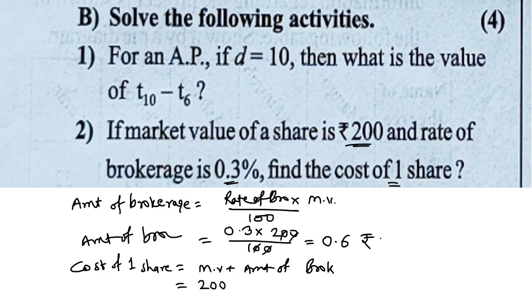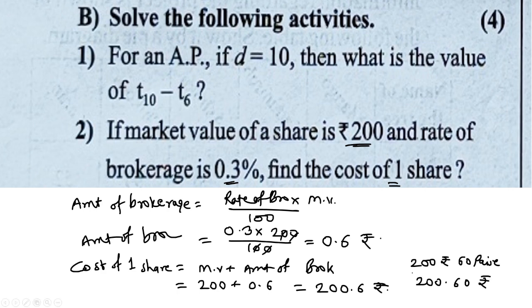Market value is rupees 200 plus amount of brokerage is 0.6, then it will be equal to 200.6 rupees. You can get the answer in the same manner as 200 rupees and 60 paise. You can write it as also 200.60 rupees. All the answers are correct answers. You will get 1 mark for that question.